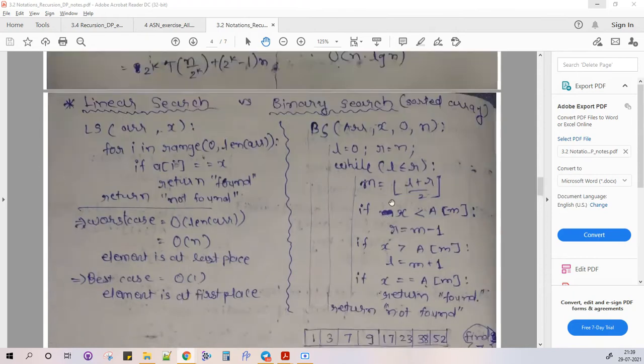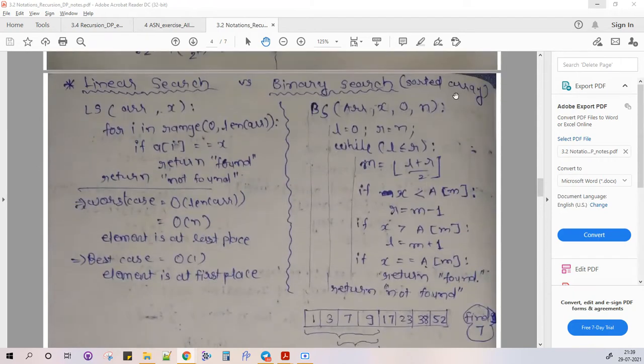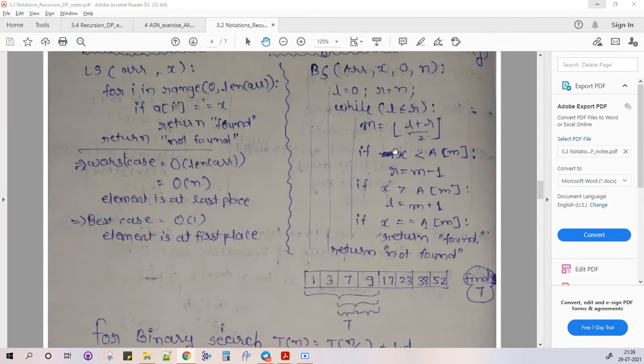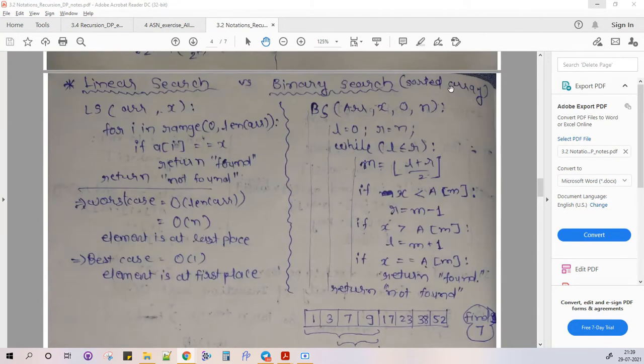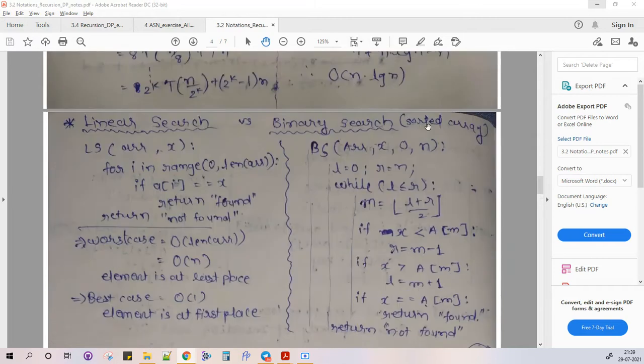Now, given a sorted array. It is a star condition for binary search that the array is sorted. If the array is not sorted, there is no sense in using binary search at all, because any given sorting algorithm will take at least order of n, or n log n.